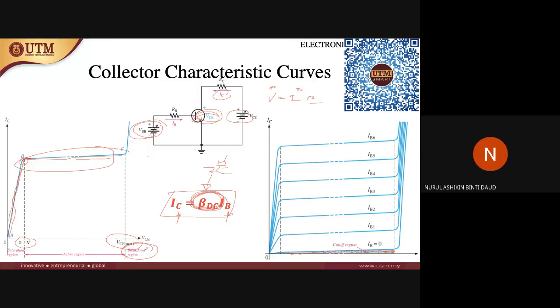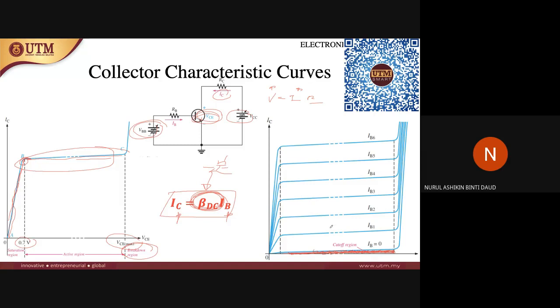Same as breakdown, the transistor will not work. It is in an off state. So the area at the bottom here is what we call the cut-off region for this transistor.